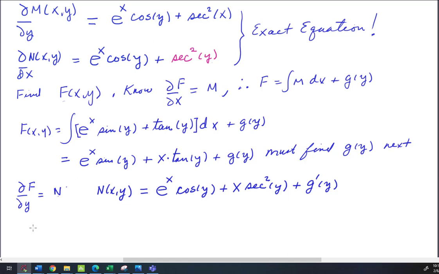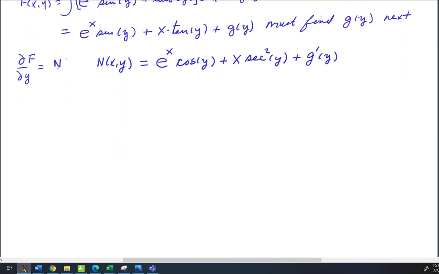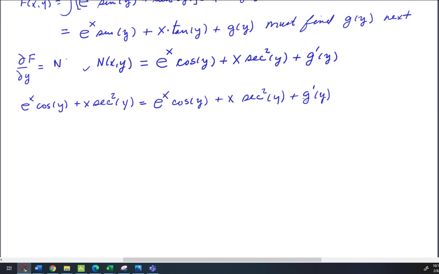So when I rewrite this piece, I get e to the x cosine y plus x secant squared y equals, now this is n of xy, equals the right hand side, e to the x cosine y plus x secant squared y plus g prime of y.